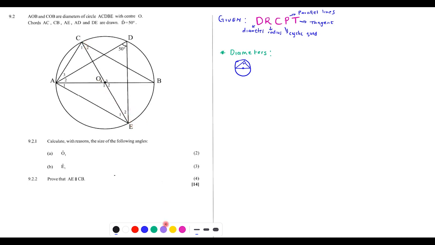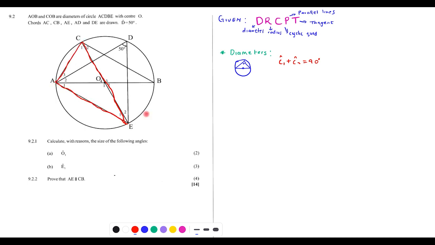If AOB is a diameter, then the angle subtended by it is going to be 90. So here we can see that in the diameters, C1 plus C2 gives us 90. And when COE is a diameter, the angle subtended by that diameter will also be equal to 90.